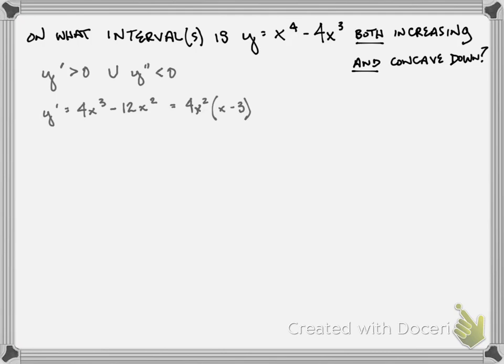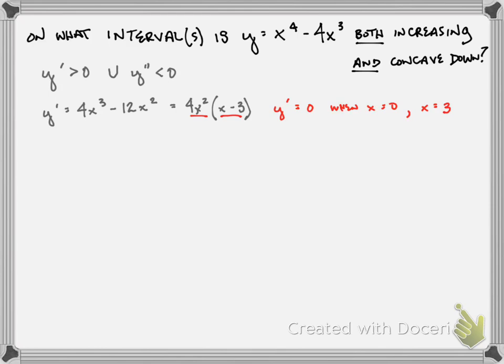Now, the only times y prime will equal 0 are when 4x squared equals 0 or when x minus 3 equals 0. So y prime will equal 0 when x is equal to 0, and also when x is equal to 3.